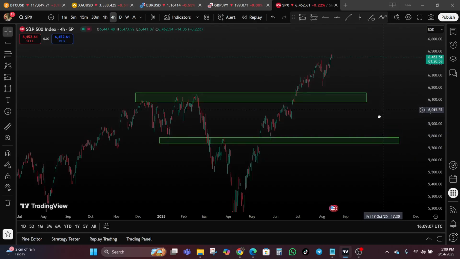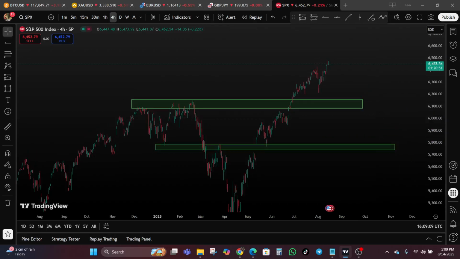These are price areas where the market has reacted multiple times before. They act as decision points, places where traders need to watch closely for either a reversal or a continuation. On higher time frames like the 4-hour or the daily chart, you have to mark these zones clearly. They will serve as your main reference points for intraday trading.